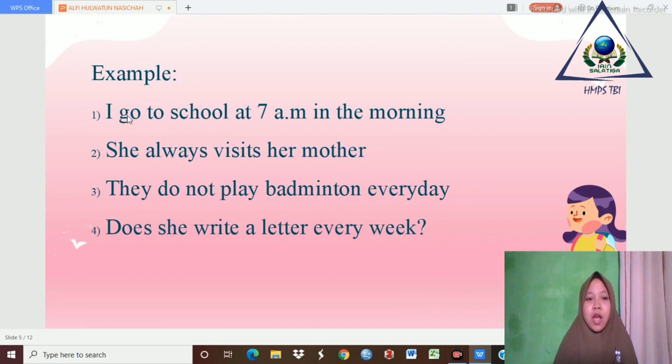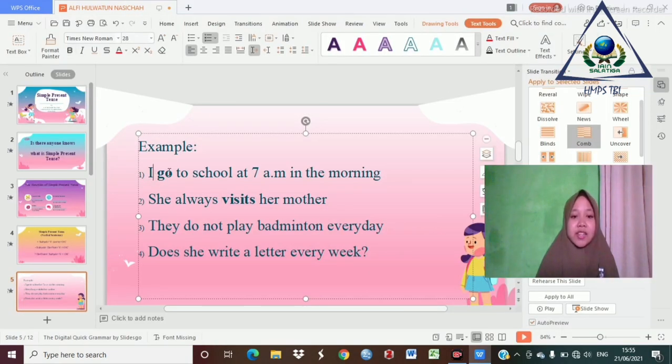For example, when you use I, you cannot add es here. It is still I go to school at 7 a.m. in the morning, but because you use she, it can add s or es to the verb. She always visits her mother.